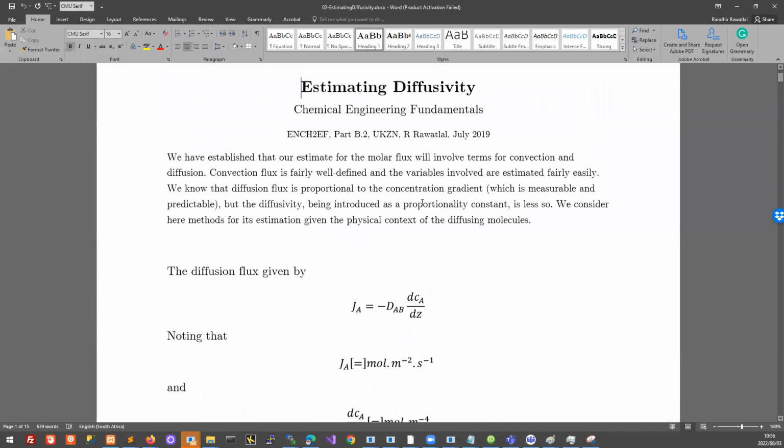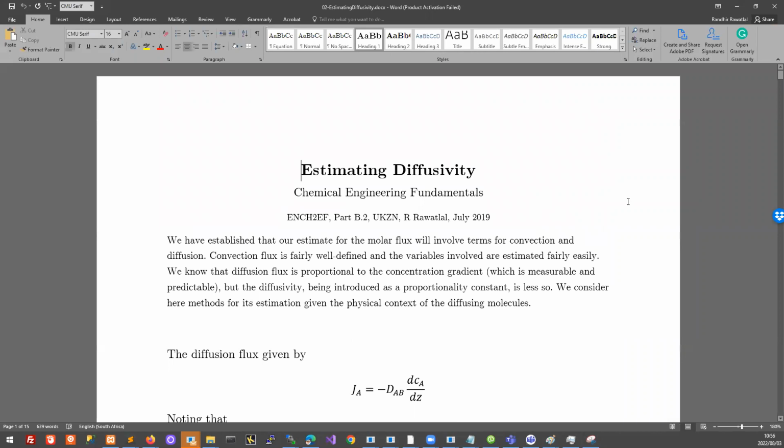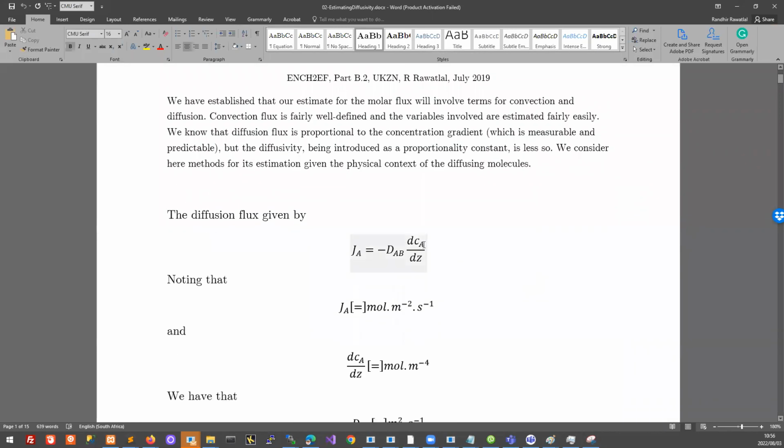In our case, in this course, Chemical Engineering Fundamentals, it's sufficient to view diffusivity as the proportionality constant that helps us get to the molar flux if we have the concentration gradient, right?